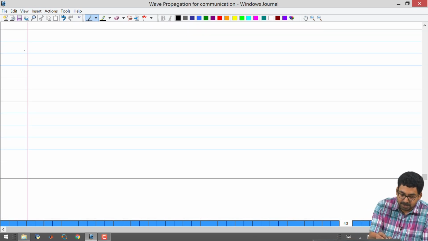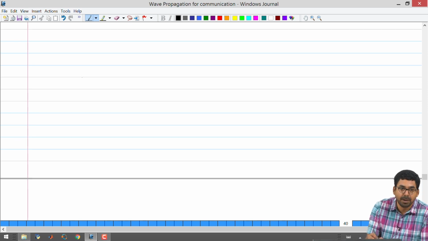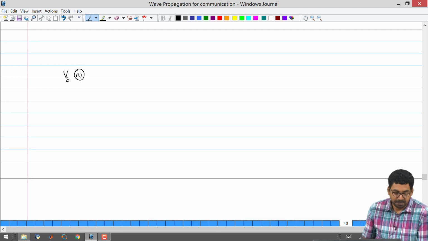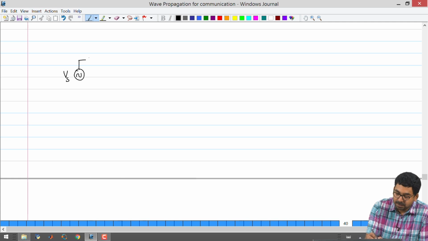For this, we will draw the transmission line model with a slight change compared to what we had done before. So, I will start with the source voltage, which is an alternating source. So, I am having a Vs. The series impedance of this source is denoted by Z suffix s.